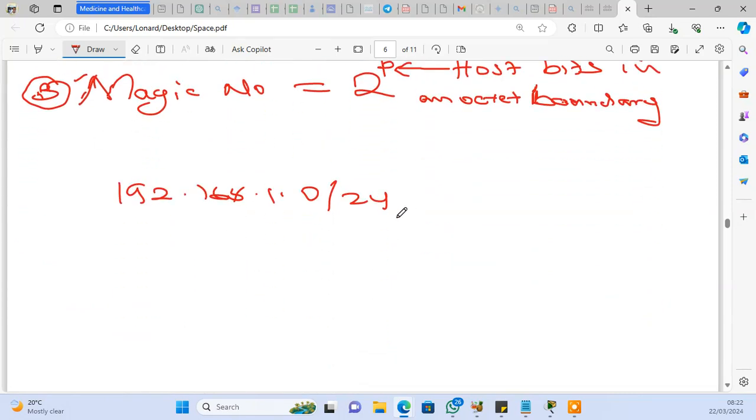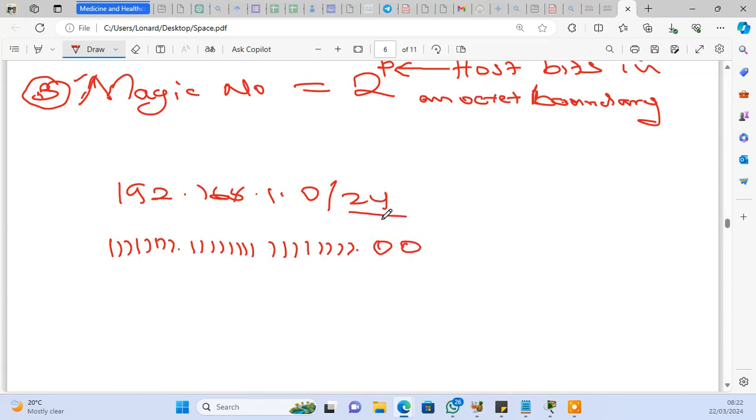So here, this /24 simply means that in the subnet mask we have 8 ones here: 1, 2, 3, 4, 5, 6, 7, 8. Then another 8, and another 8, then to total 32.